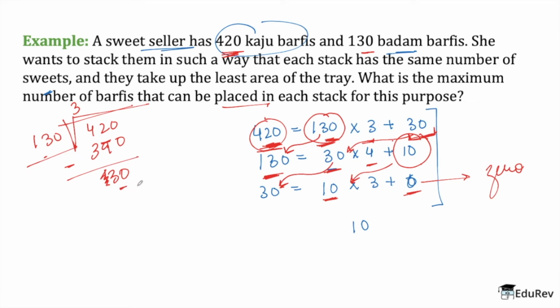Now this remainder is going to form the next divisor, and your previous divisor will be your dividend now. So when you divide 130 by 30, what is going to come? 4 times 30 is 120. So 4 becomes your quotient. Then that is your 120. So when I subtract, it becomes your 10. So now your remainder is 10.